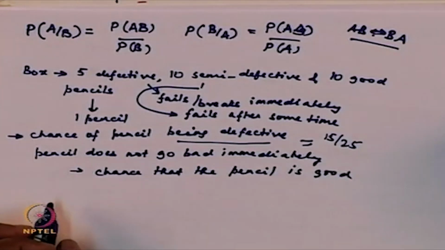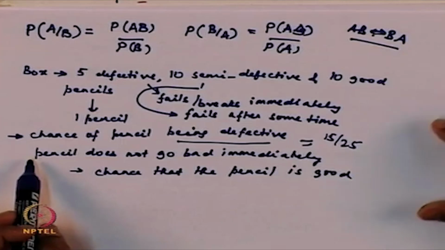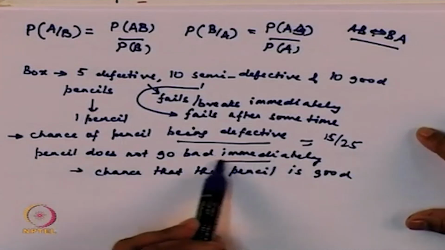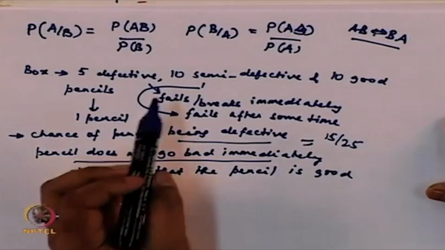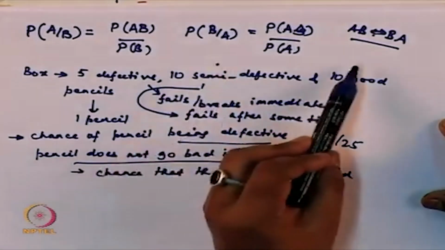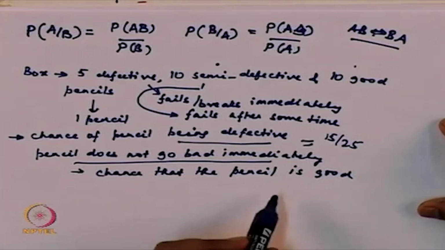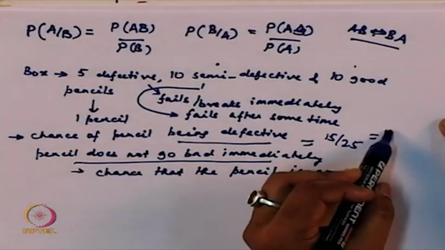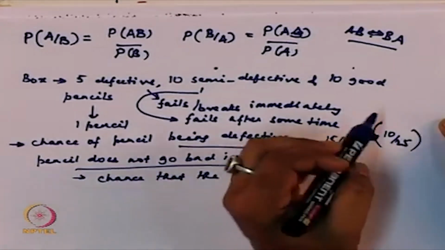This is an example of conditional probability. If the pencil does not go bad immediately, it means that I have either chosen a semi defective piece or a good piece. So, under this case what is the probability that the pencil is good? Earlier it was simply 10 by 25. So, this is the chance of the pencil being good.